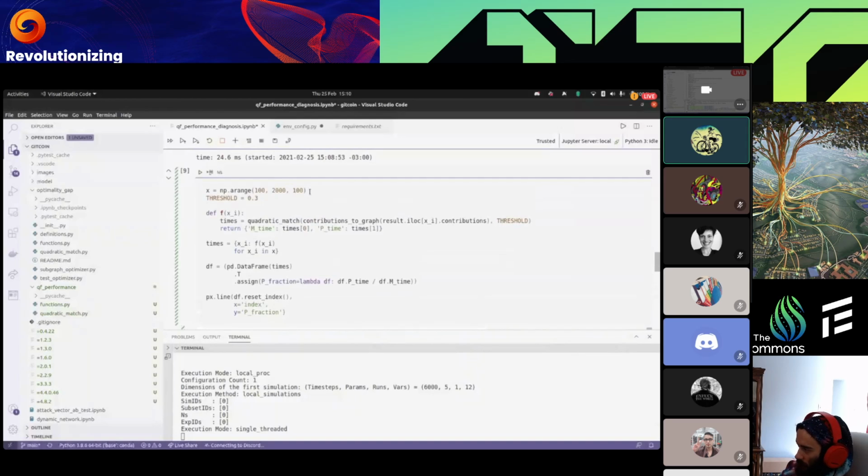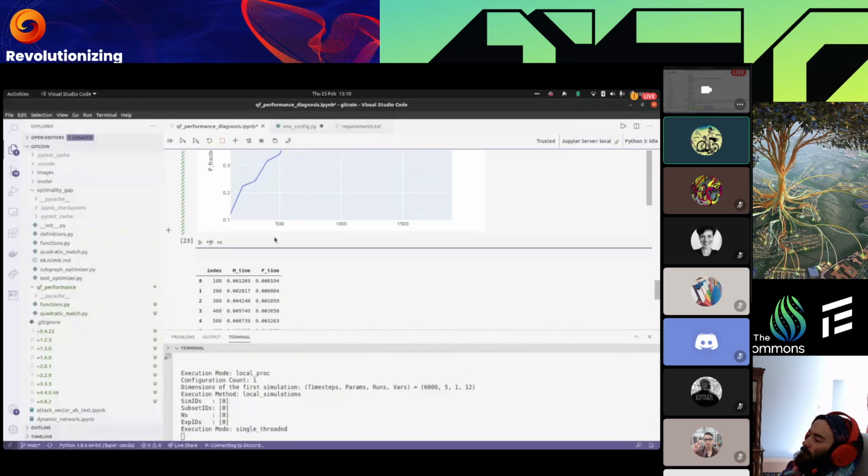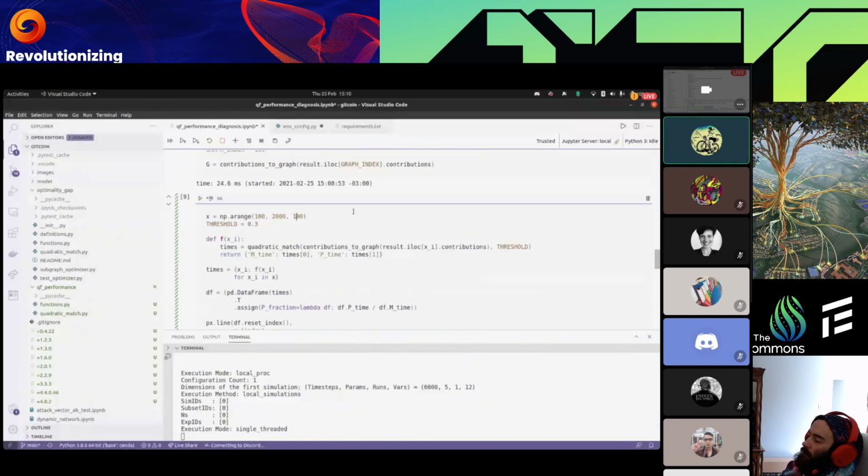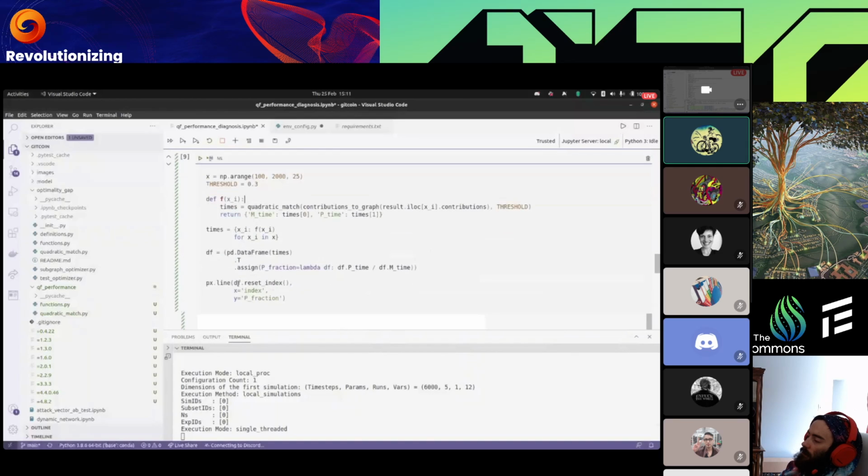Actually, let me see. I'm going to make it 55. Instead of having 100 steps, I'm going to do 55 so that we have a better view of that. And also, I'm going to do a scatter.